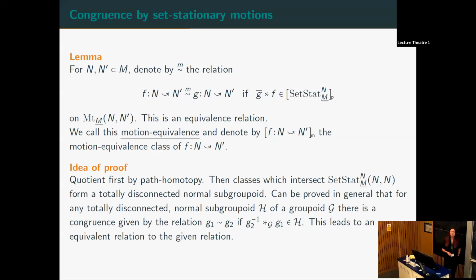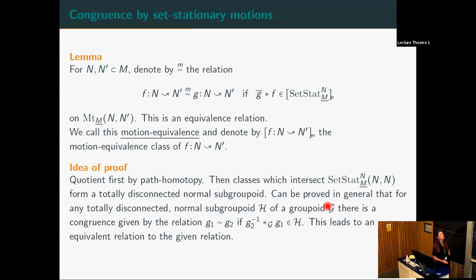So what does it look like to prove that this really becomes an equivalence relation? Well, the way we do it is to quotient first by path homotopy. And then we find that the path classes which intersect these set stationary sets form a totally disconnected normal subgroupoid.